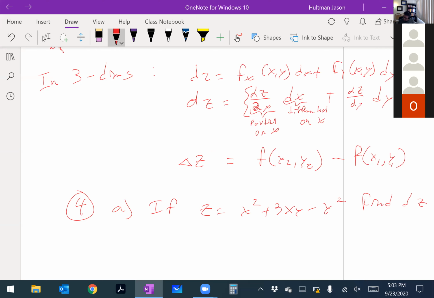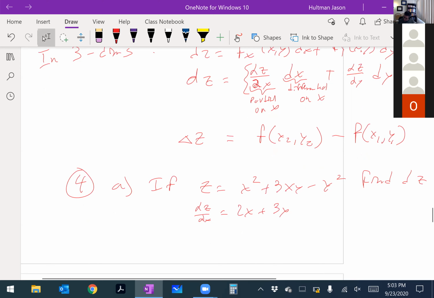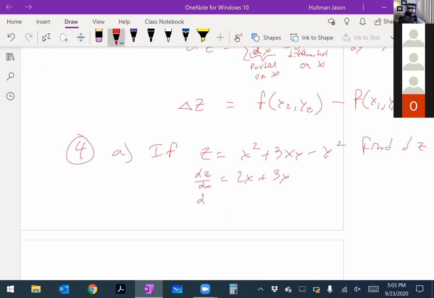Well, we just need to find our partials. So partial of z with respect to x is going to be what? Well, that's 2x plus 3y, right? And then the partial of z with respect to y is going to be equal to 3x minus 2y.